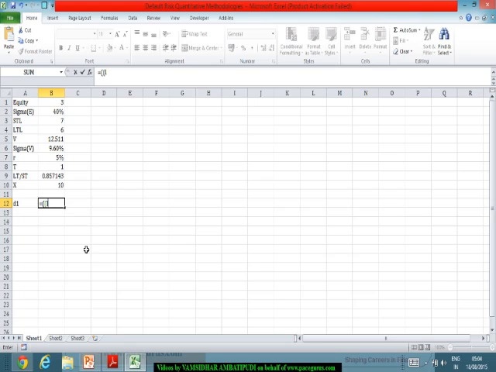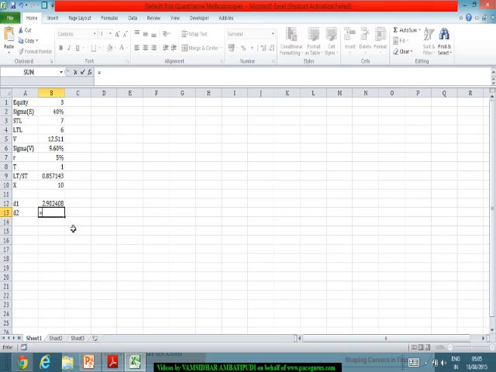D1 comes out as log of S, which is the value of the firm, by X, which is the strike price of the debt, plus R plus sigma squared by 2, times T, divided by sigma root T. Alright, this comes out to be my D1.